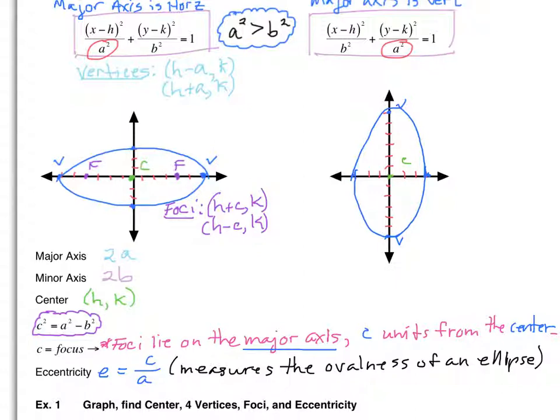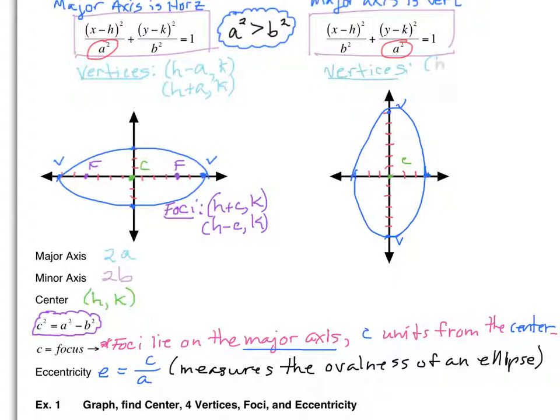All right, then for this one, because our vertices are going vertical this time, it changes the formula for the vertices. So the vertices on this one are still affected by a, but it's the y value of the center that's affected.